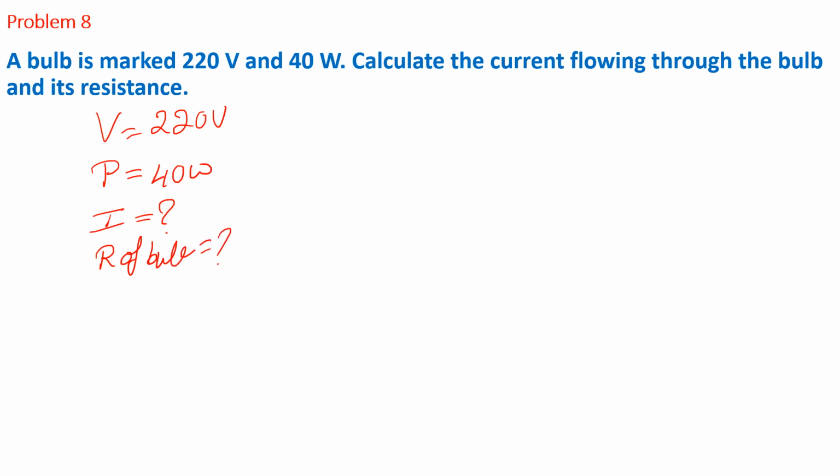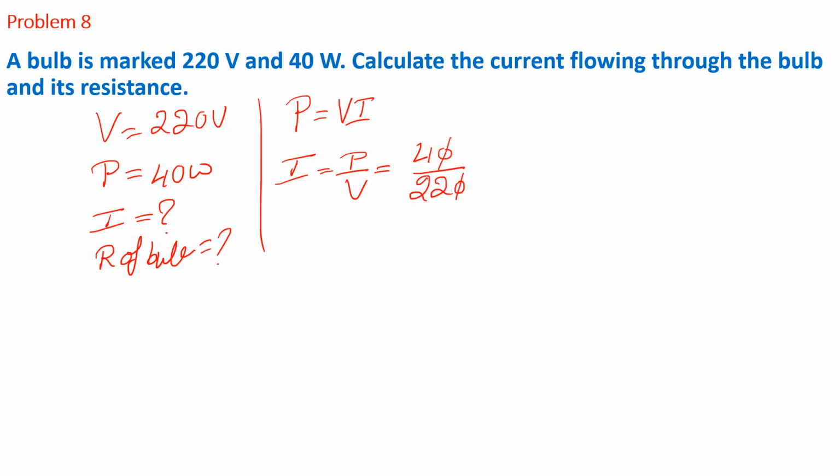How to calculate? So we have power P is equal to V into I, that is the formula for power. But we have P and V, but we don't have I, we require it. I is equal to power divided by V, which is equal to 40 divided by 220. The zeros cancel, 4 ones are 4, 4 twos are 8, 11 ones are 11.